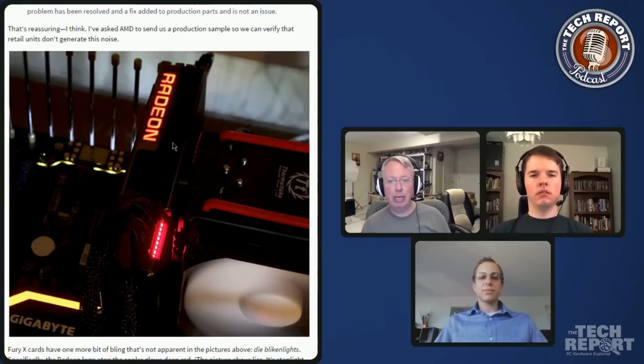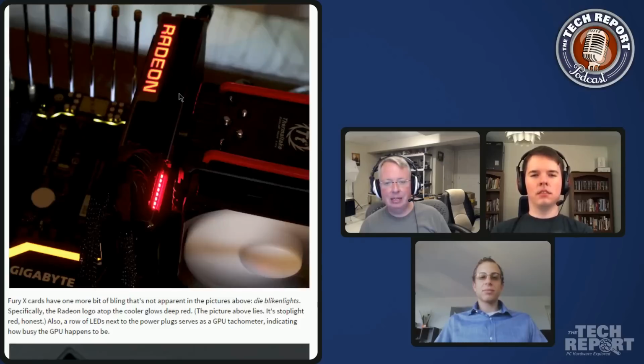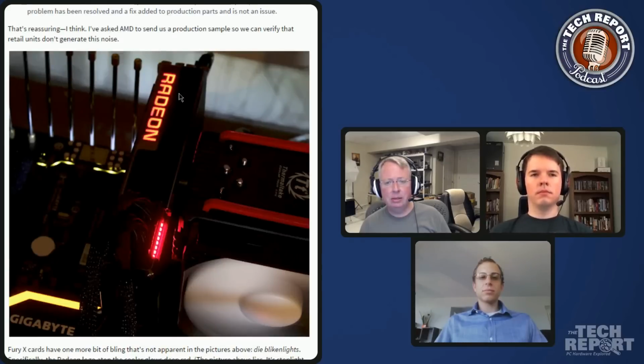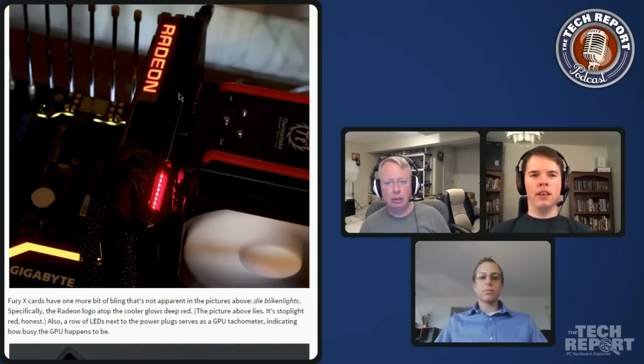And it has a glowing Radeon, which is actually that stoplight red, but I couldn't get any camera to take a picture of it where it looks stoplight red, for camera-related reasons. I don't know what I need to get that true color shot there. Jeff's going to tell me because he's a photography guy. What do I need? A polarizer, some white balance? Red is just a really hard color for digital cameras to capture.